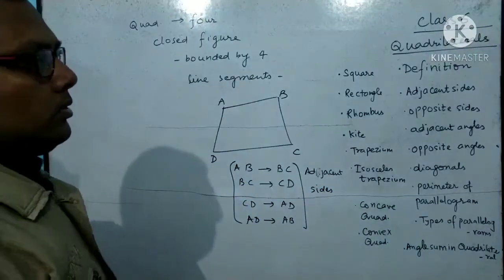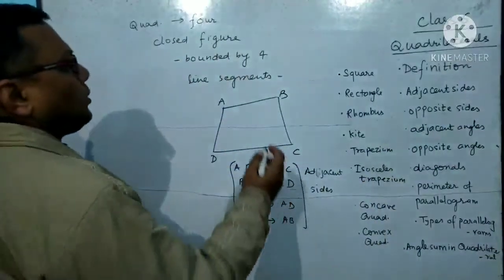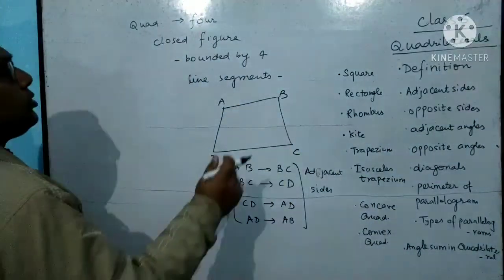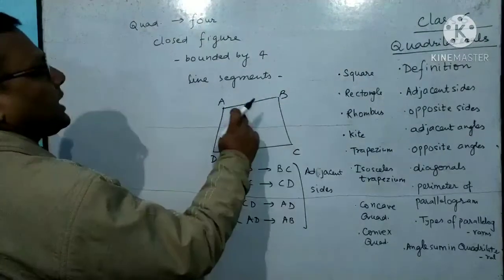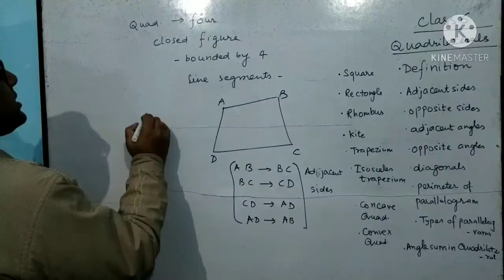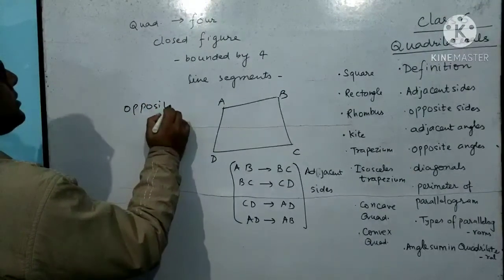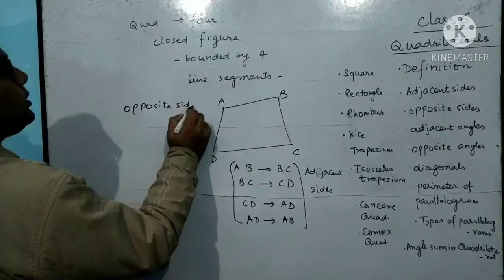Now we are going to take opposite sides. Opposite sides means those that have no common vertex, like AB and CD. So write opposite sides. What are the opposite sides?